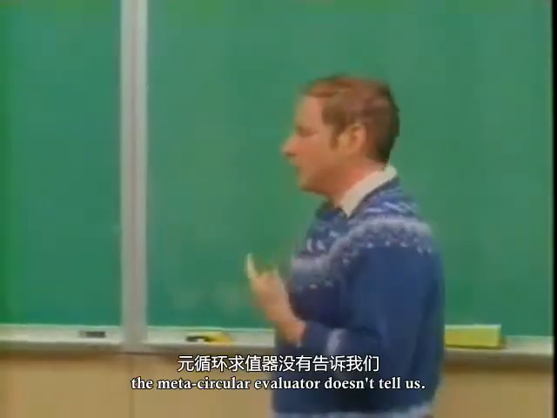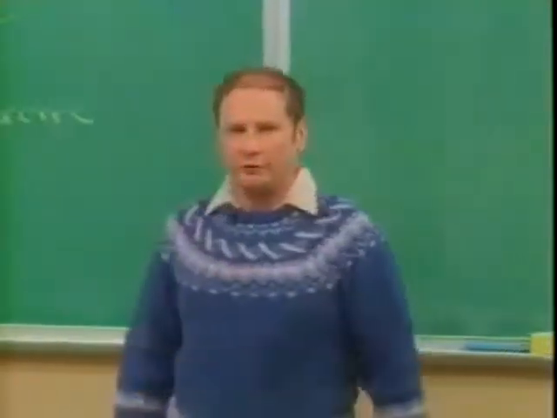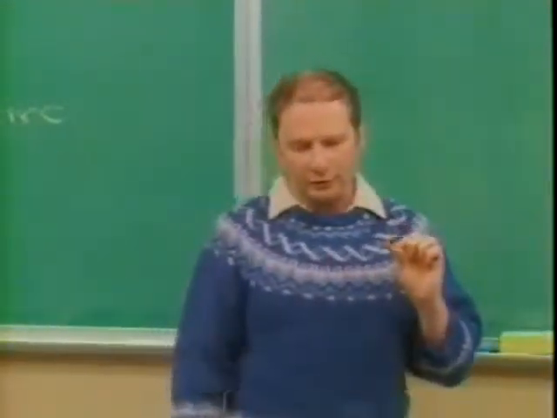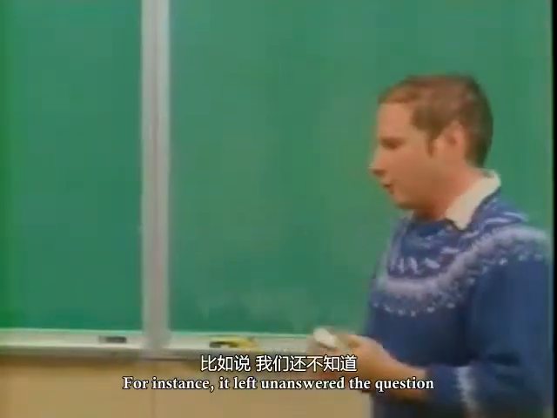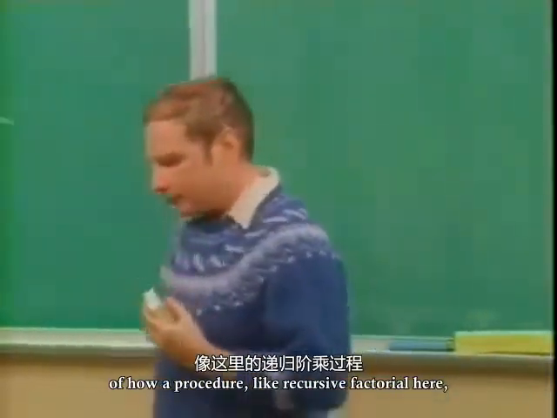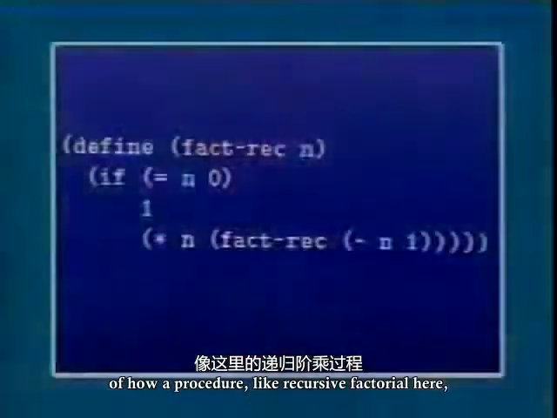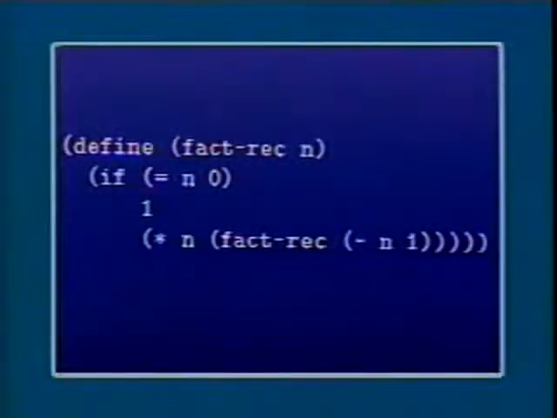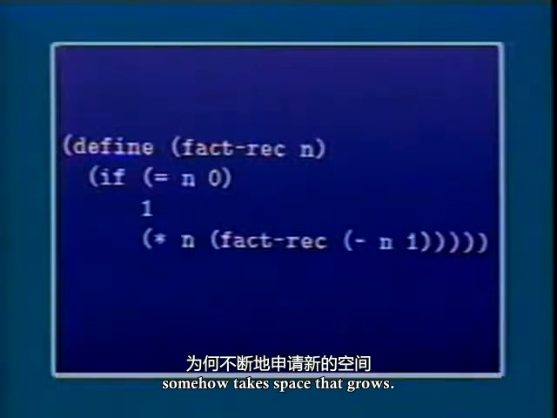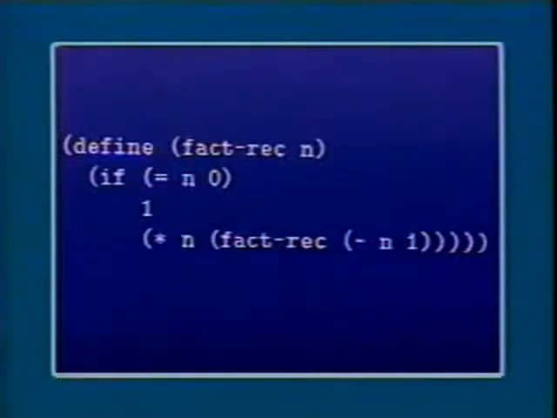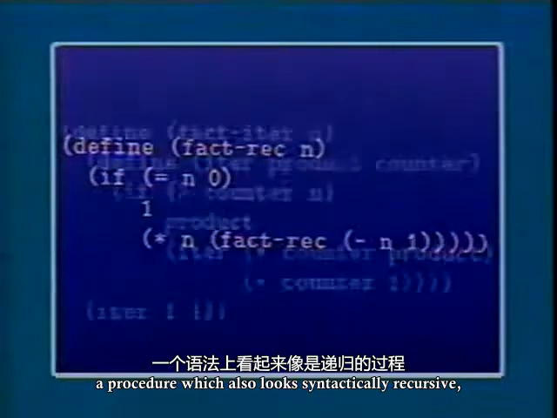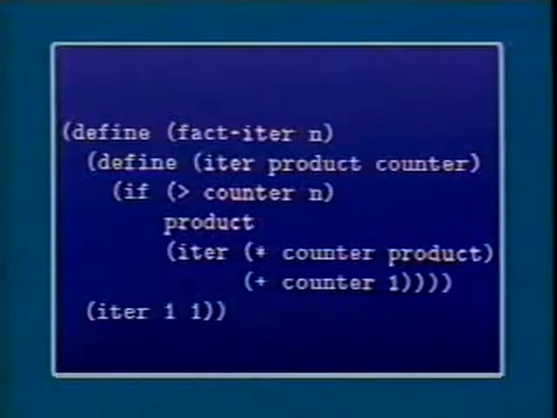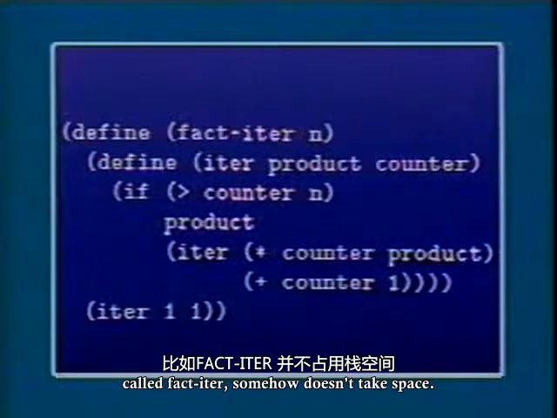There are things the metacircular evaluator doesn't tell us. You should realize that. For instance, it left unanswered the question of how a procedure like recursive factorial here somehow takes space that grows. On the other hand, a procedure which also looks syntactically recursive, called fact-iter, somehow doesn't take space.